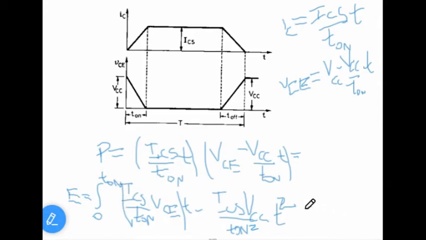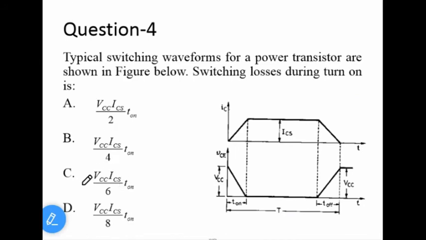Here t on will be in the numerator, therefore the answer for this is C.